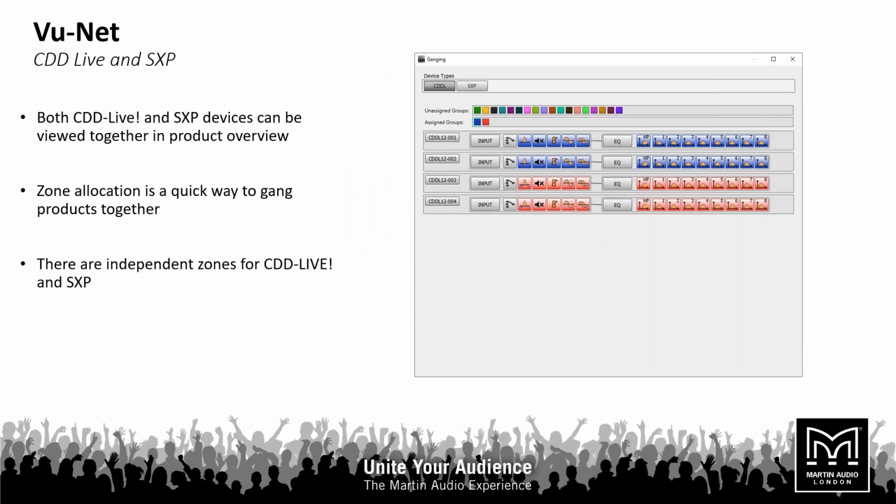We have independent zoning for the subwoofers and the CDD Live, simply because the parameters are, as standard, slightly different. You wouldn't want to be ganging low passes, for example, but the EQ can be really quickly set for inputs and outputs, and ganged inputs or outputs, depending on what you're trying to achieve.